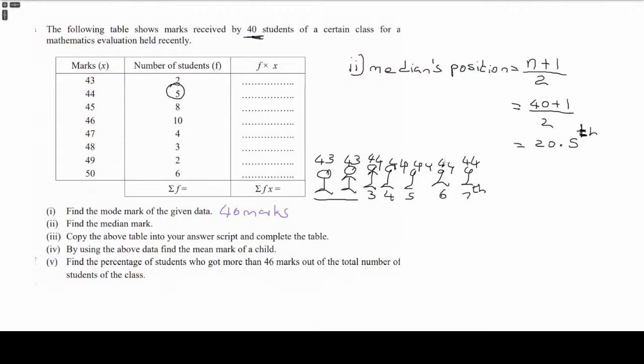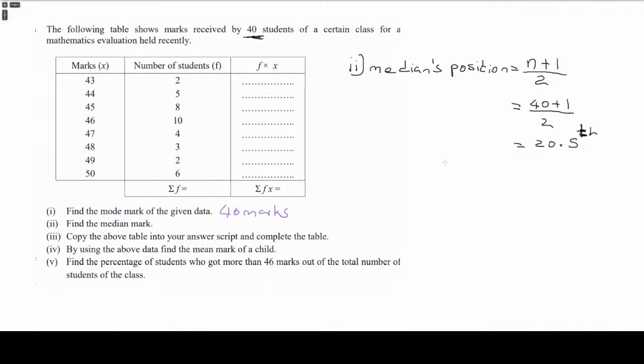Now we can keep on continuing this drawing and find out the marks of the student who's coming in the 20.5th position. But it's going to be time consuming drawing all of these. So rather than drawing, we have a better method. What is it? We can put an extra column to this table.